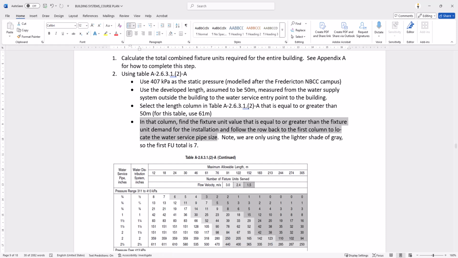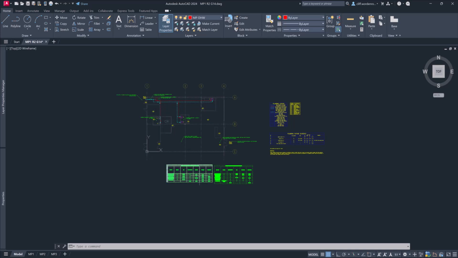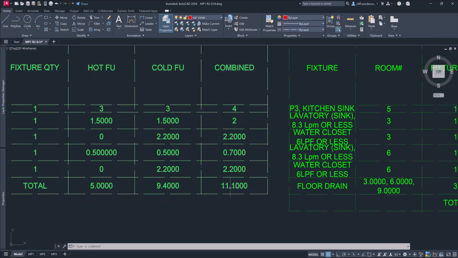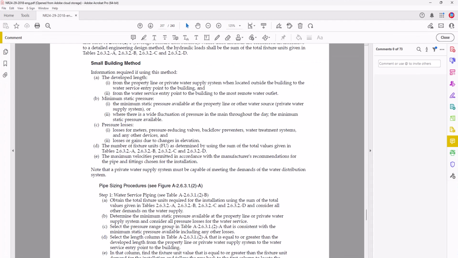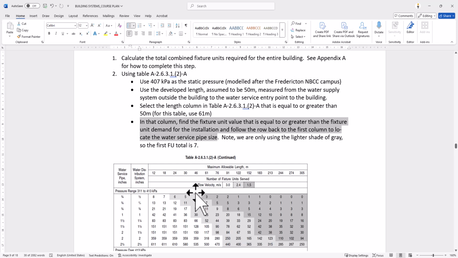So 7 would be the first amount of fixed units that we would be able to use if that was our total. So if we go back to the table, we go down, the combined number that I have is 11.1. So 11.1 would be close to 11, but 11.1 is just a little bit bigger than 11.